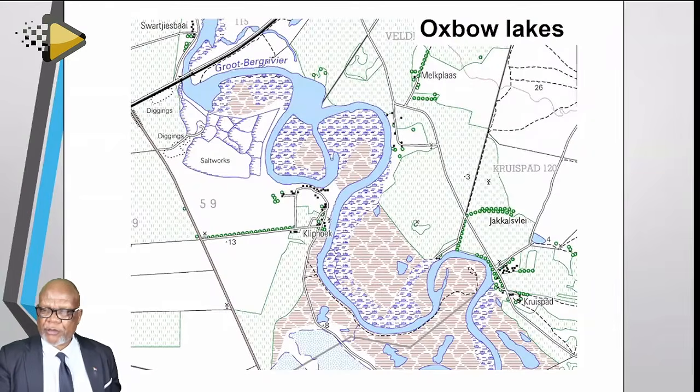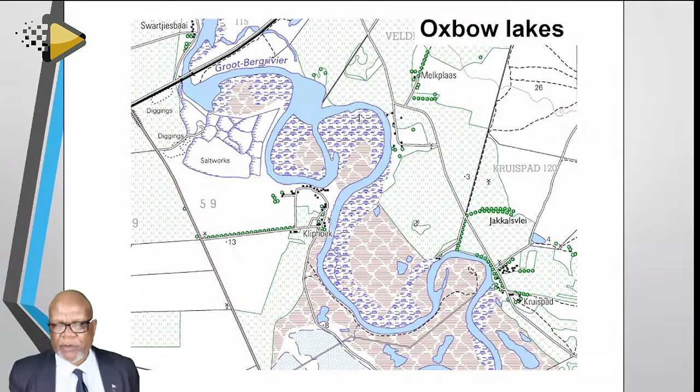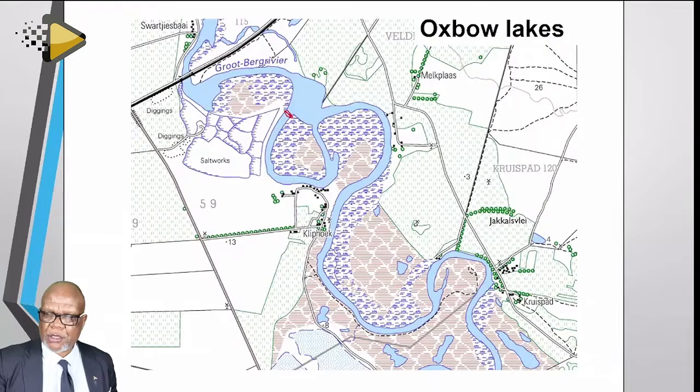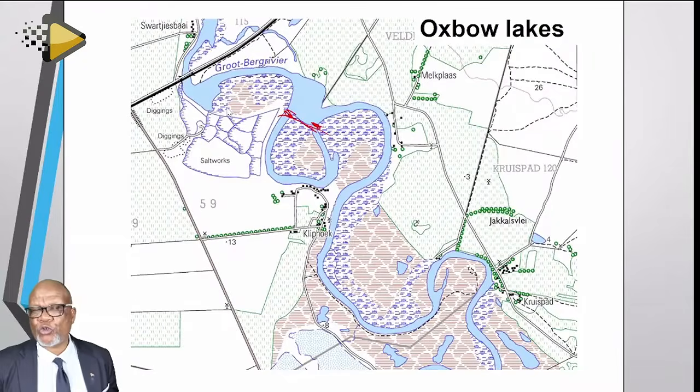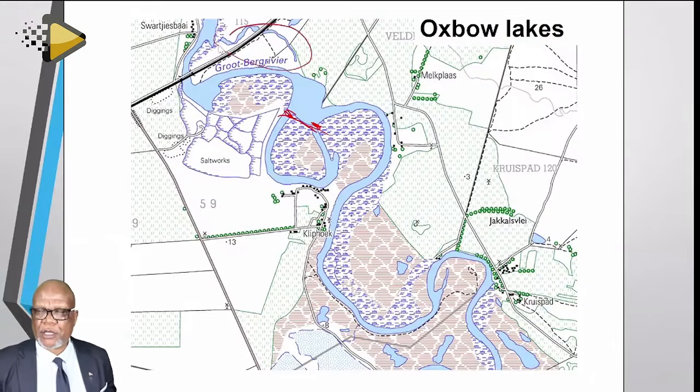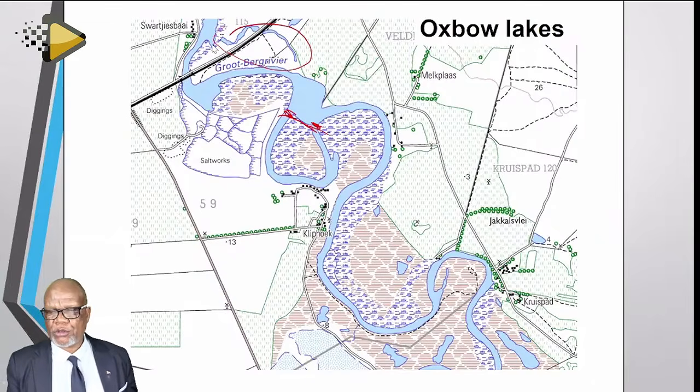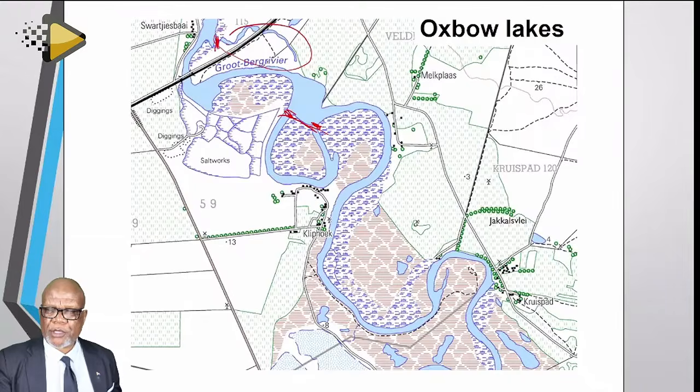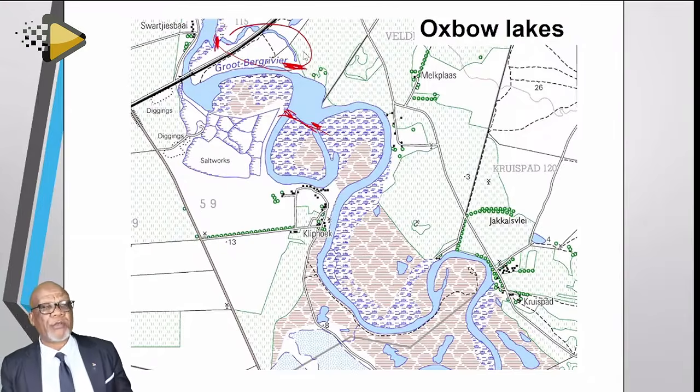Actually, this is still part of the meander because it is still joined to the river, until there is deposition on this side, and this is on its own. Then it's going to become your oxbow lake. But this one here, that is now on its own, you could look at as the oxbow lake, because now it has been completely cut from the main river.